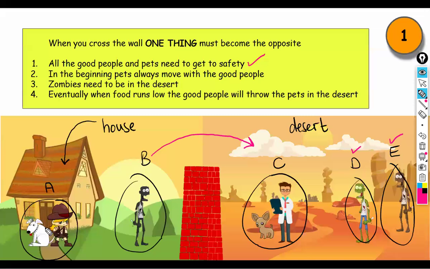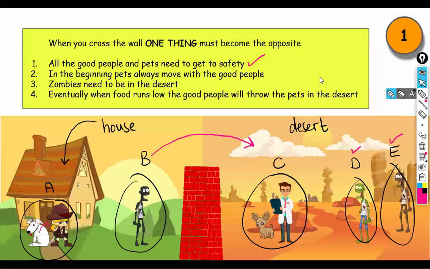Also, think of it like this. If you are a pet owner, wherever you go, your pet goes with you. Your pet follows you around and is always next to you. So A is on the correct side. And of course, you notice person A has a pet dog.